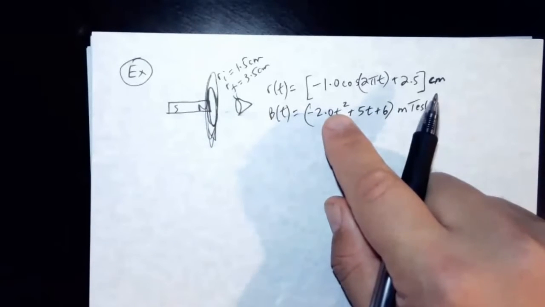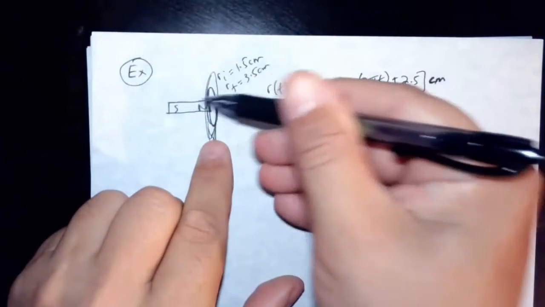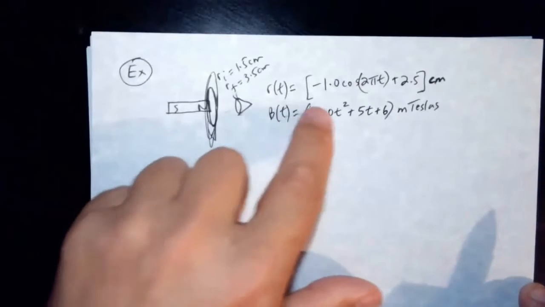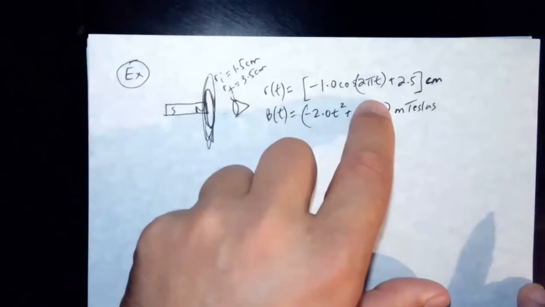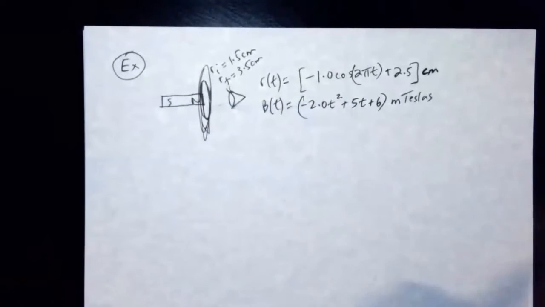As the t gets larger, that means the magnetic field is eventually going to be into the board that way, looking at it. So the magnetic field is doing this weird thing, and then the radius is doing this weird thing. So what is the EMF induced at any particular time?